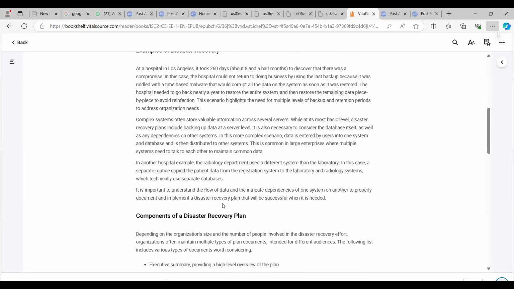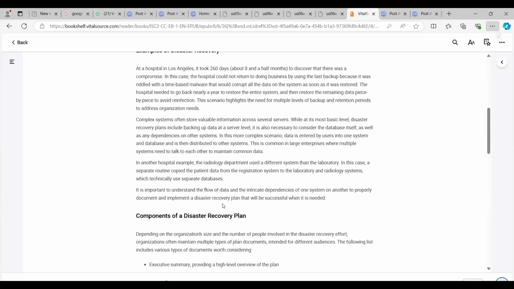In this more complex scenario, data is entered by users into one system and database and is then distributed to other systems. This is common in larger enterprises where multiple systems need to talk to each other to maintain common data. In another hospital example, the radiology department used a different system than the laboratory.